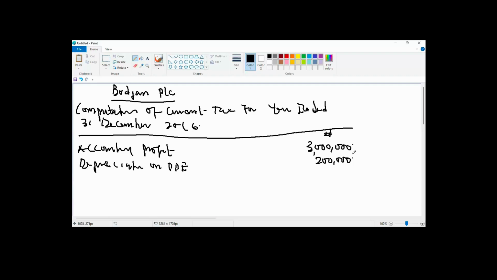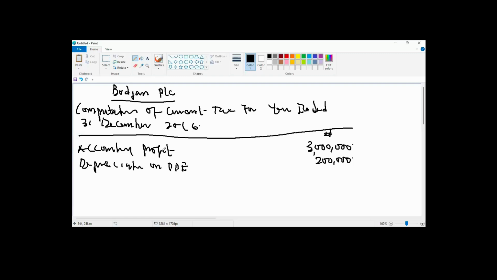Other than leased property, a profit on disposal of non-current assets. Profit on disposal is not taxable revenue because before you can get profit, you must have taken care of capital gain tax. Let's go to the additional information. 1, all profit on disposal of non-current assets is not taxable under the company income tax.